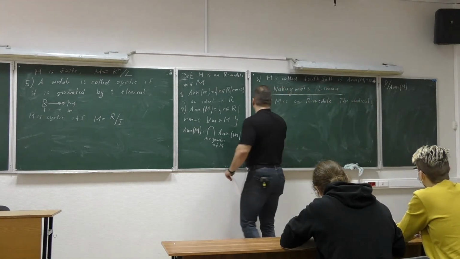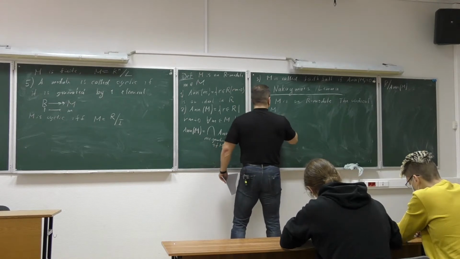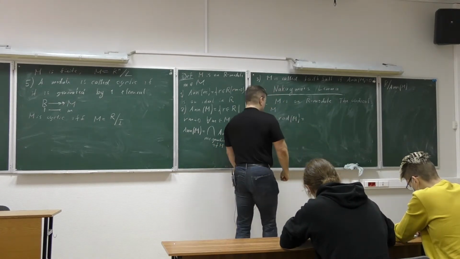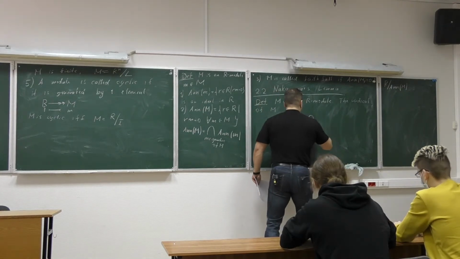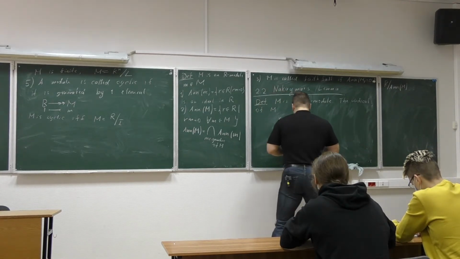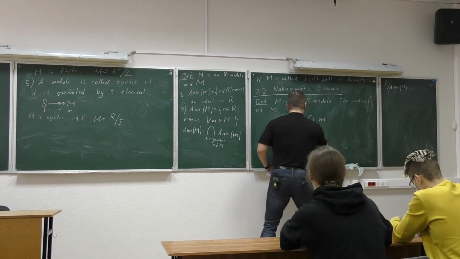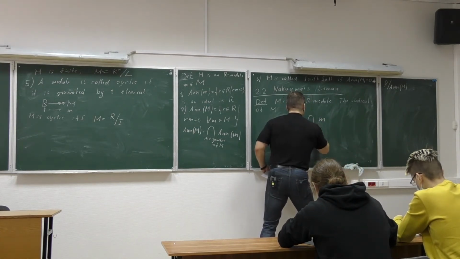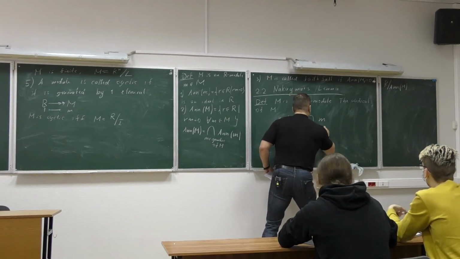The radical of M, again notation rad of M, is the intersection of all maximal ideals such that the annihilator of this module sits inside this maximal ideal.